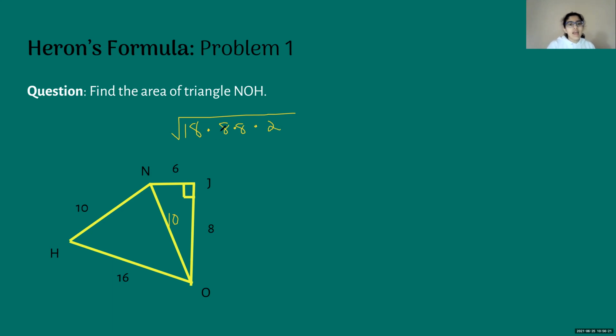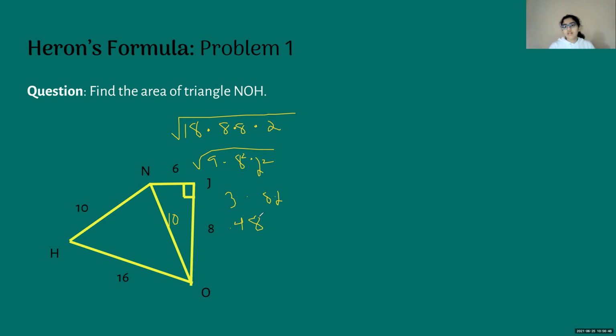We get radical 9 times 8 squared times 2 squared, so we get 3 times 8 times 2, which is equal to 48. So our answer for the area of triangle NOH is 48.